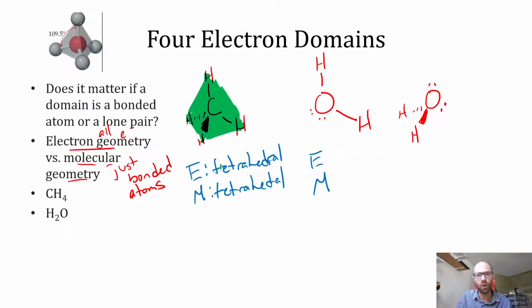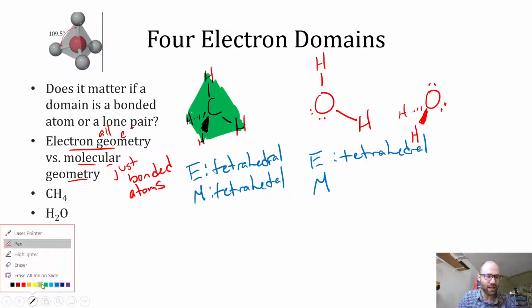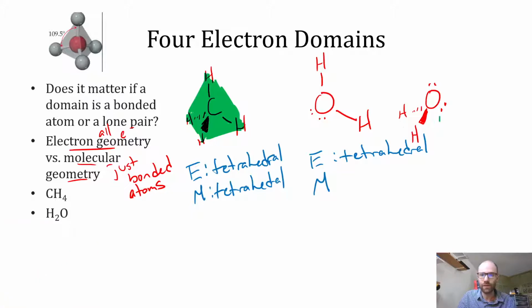In the case of water, though, the electron geometry is the same. We still have a tetrahedral electron geometry. But if we looked at just the molecular geometry, we're only going to count the oxygen and the hydrogens.